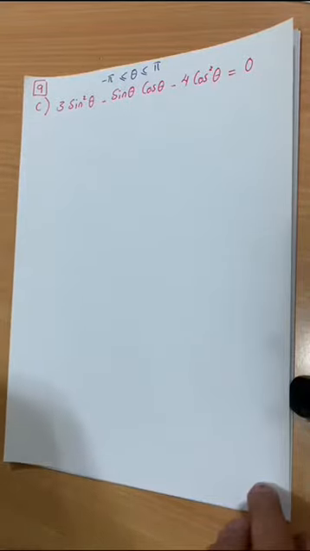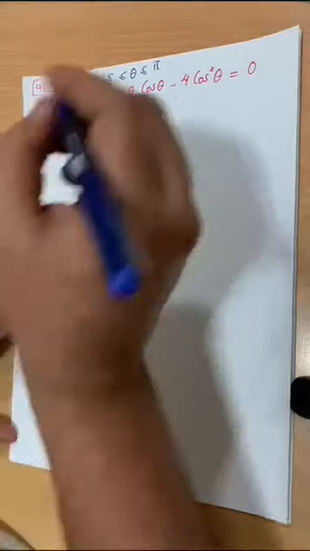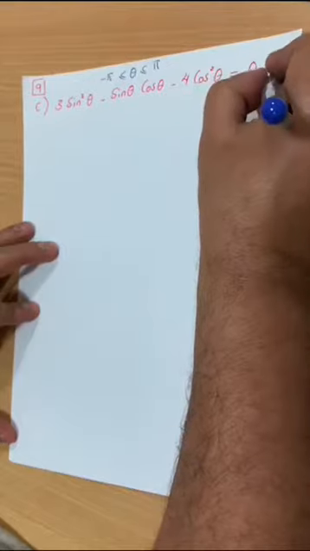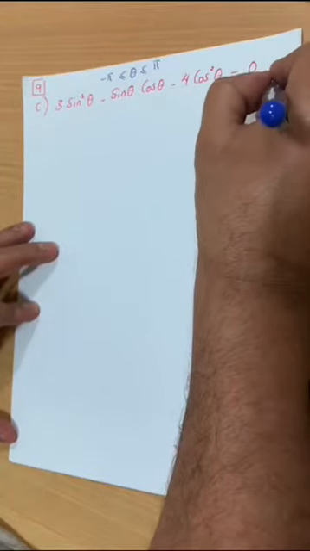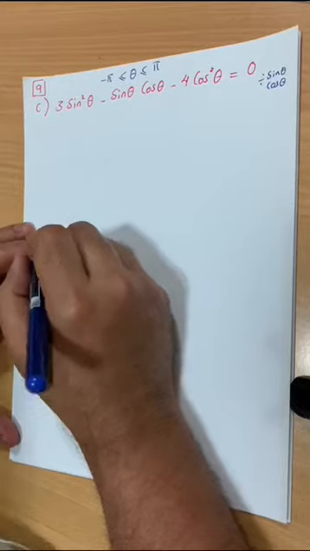First of all, we're going to divide both sides by sine theta cosine theta, the product of sine and cosine.